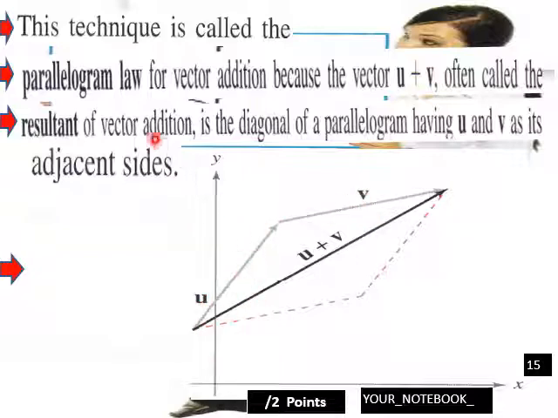This would be an example here of the parallelogram law for vector addition. We have u plus v, then we have u here, then we have v here, and where v ends up, u plus v, this is where the endpoint would be. So you'd have a parallelogram kind of situation.